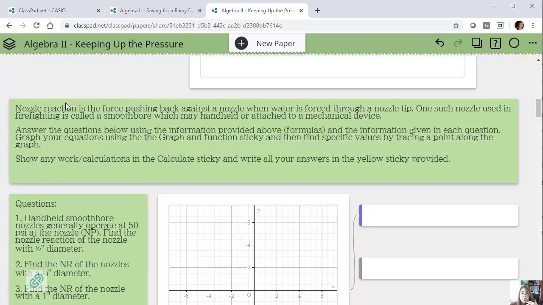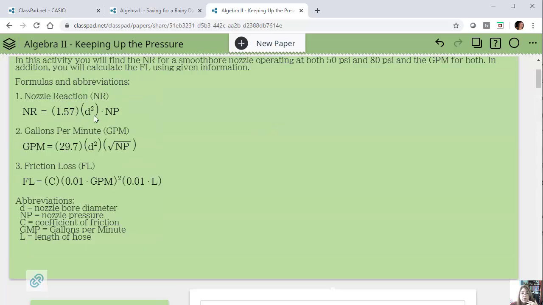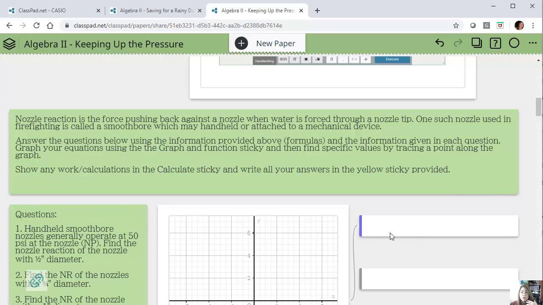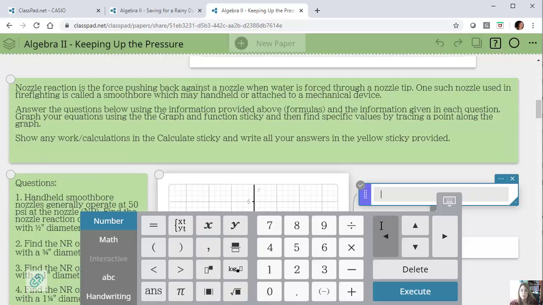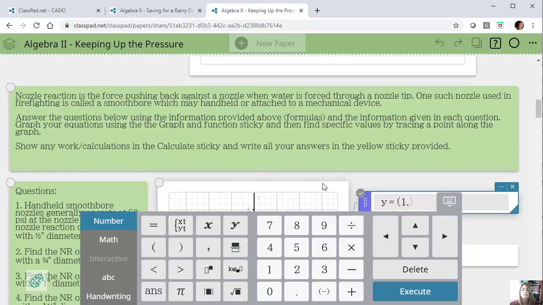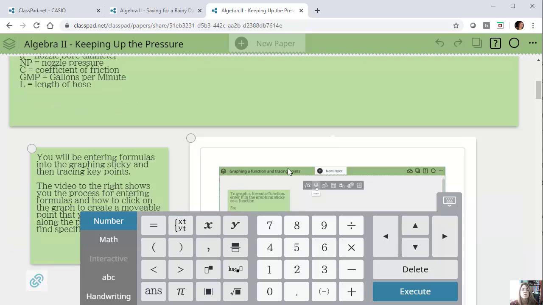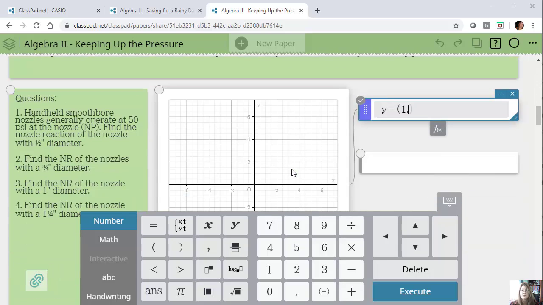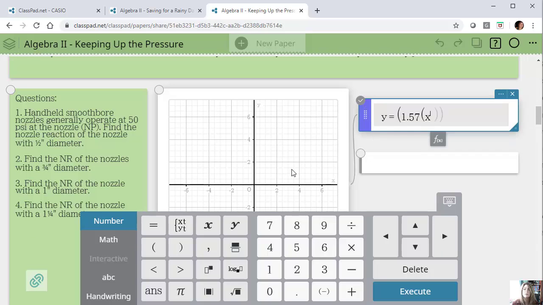They're going to take a formula. So if you look, we're looking at this formula. So we would do, I think it was 1.57, and it was x squared. And I have an extra set of parentheses that I don't need there.